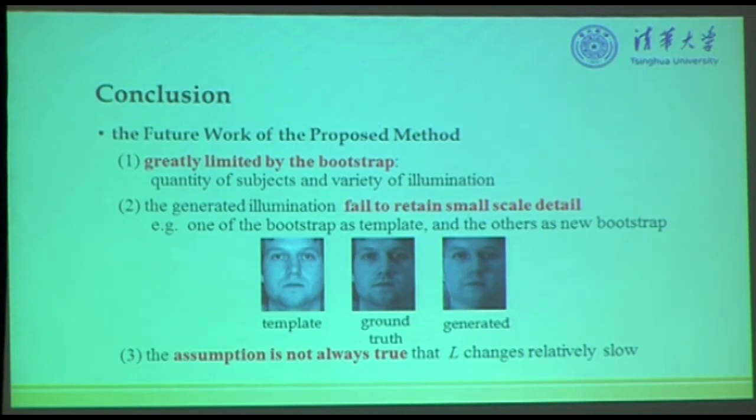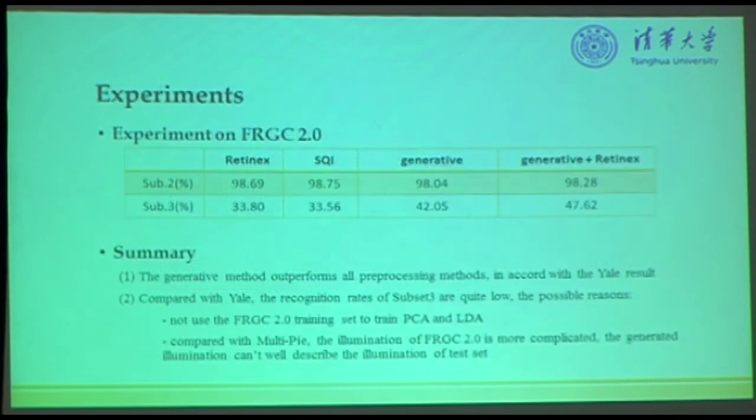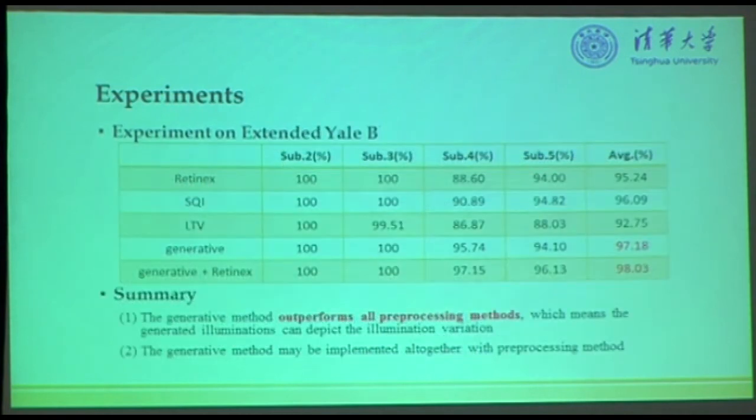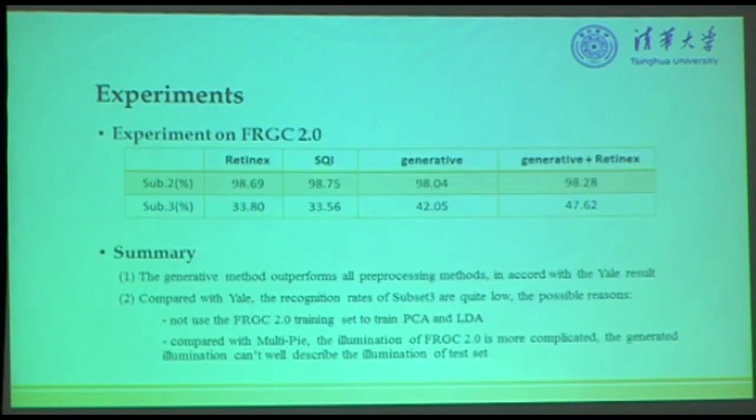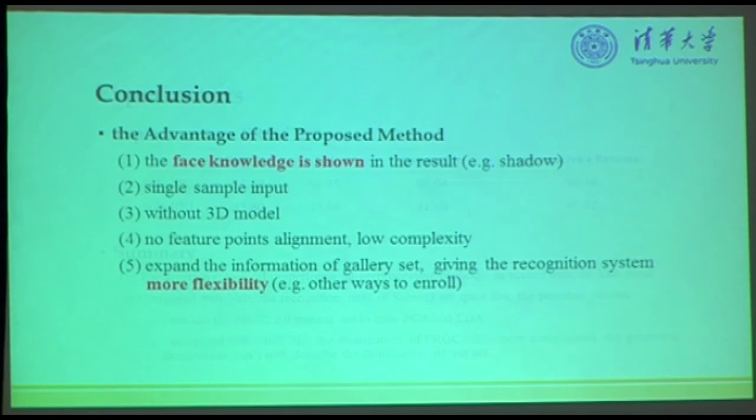We can see from the FRGC results that the result is not as good as that from the YALE B. That is because the FRGC illumination is more complicated, and that is not the same as the bootstrap we used, which is multi-PIE. So if we have more illuminations in the bootstrap, we could solve this problem and get better results.